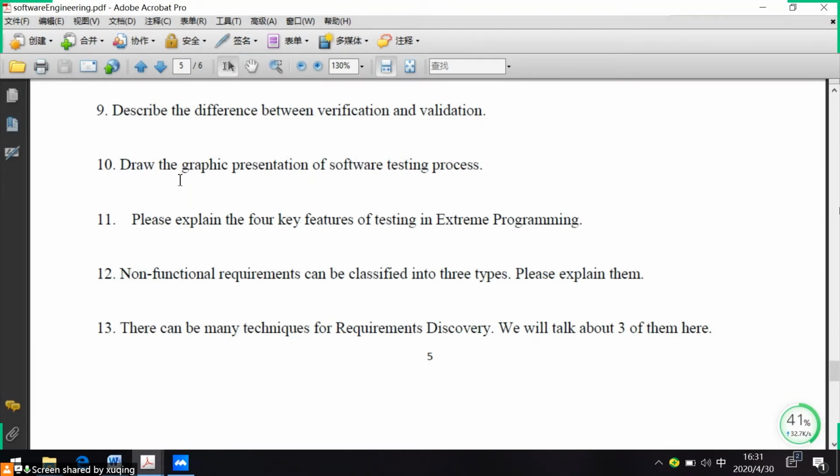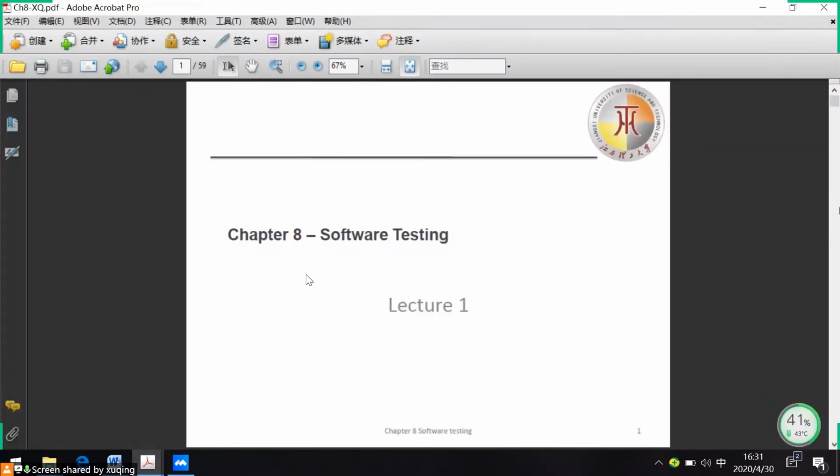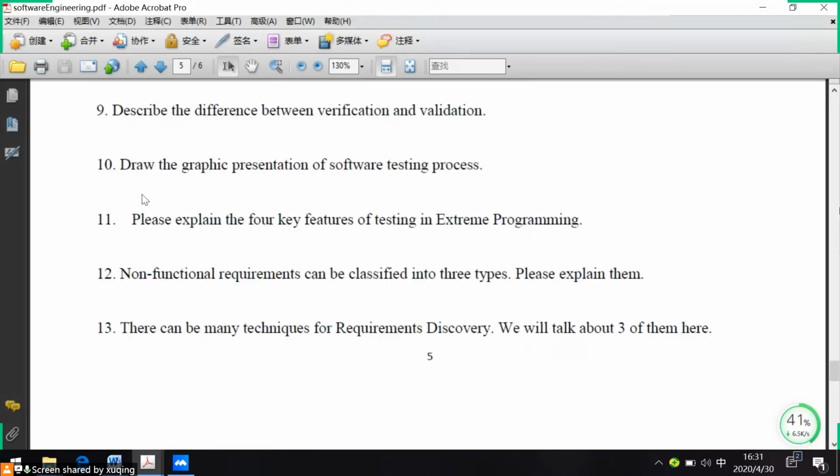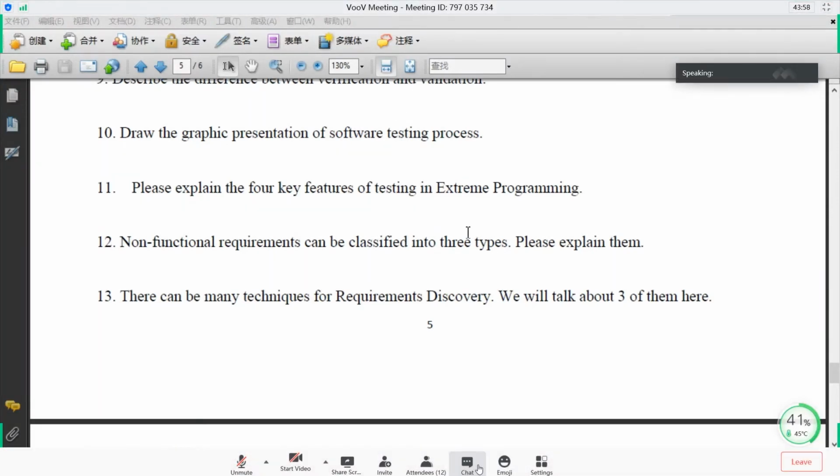The graphic presentation of software testing process, or else you can tell me which page of the PDF can we find the graphic presentation of software testing process?